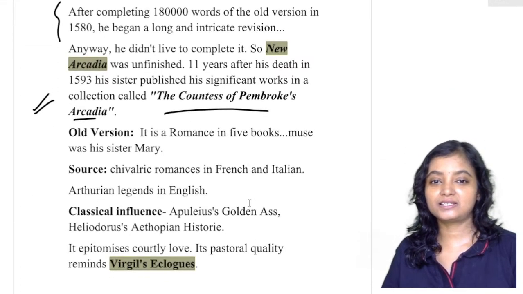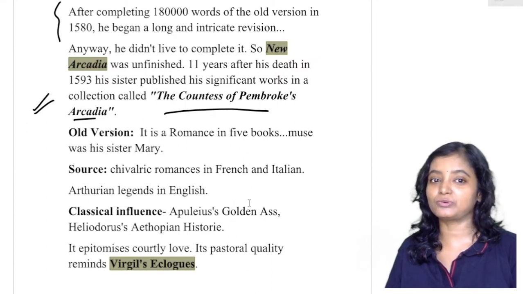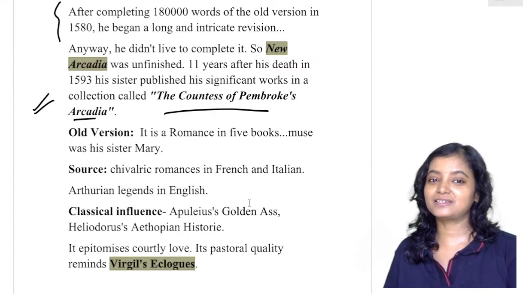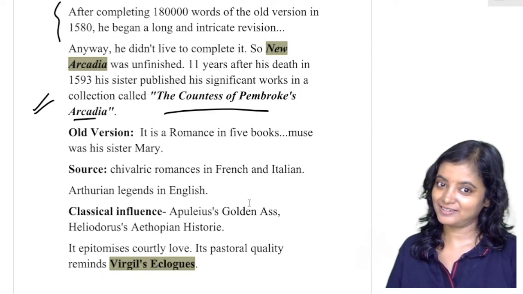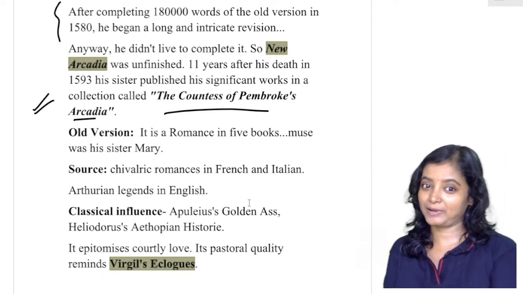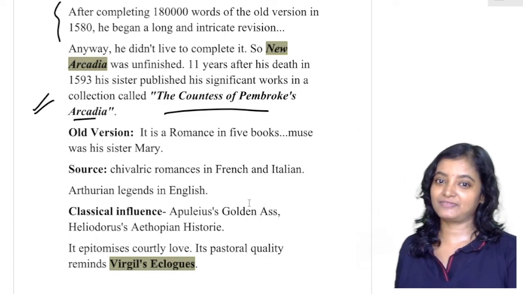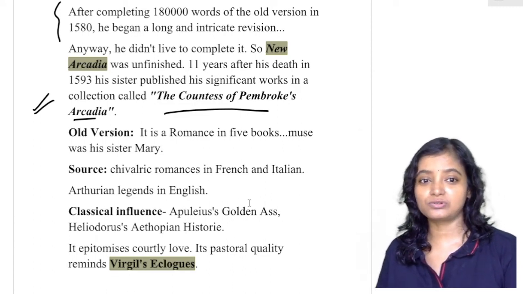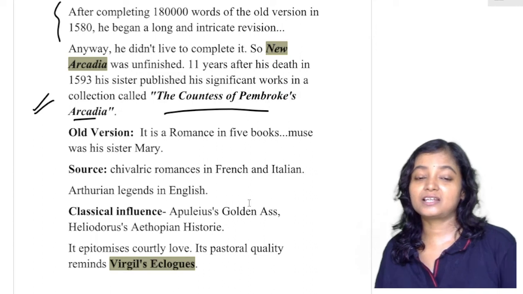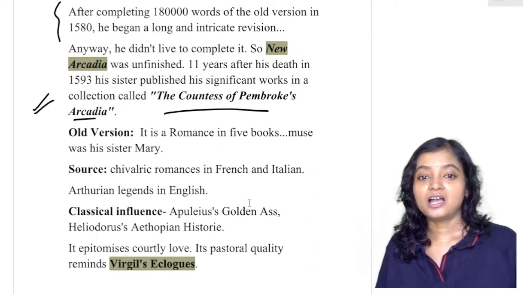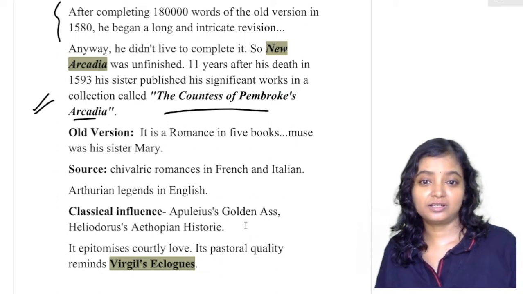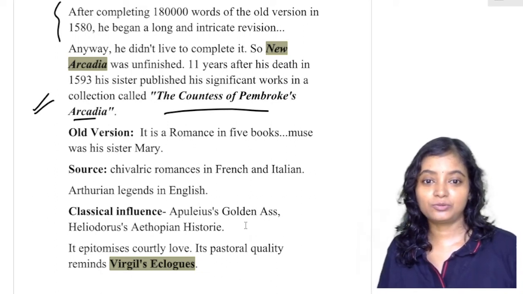The old version is a romance in 5 books. The muse was his sister Mary, because he wrote in the place of his sister, and his sister accompanied him at that time. Source: chivalric romances in French and Italian. That was the source. Arthurian legend. And there is also classical influence like Apuleius' Golden Ass and Heliodorus' Ethiopian History.